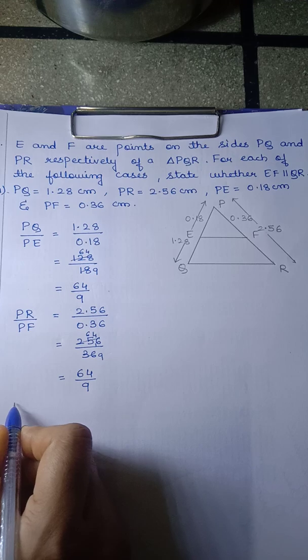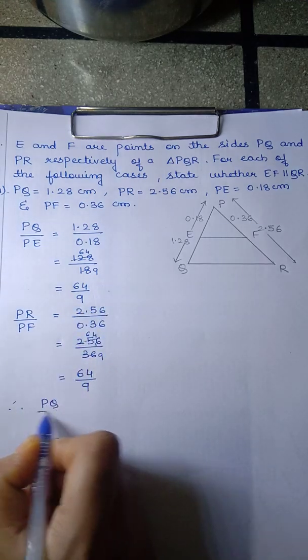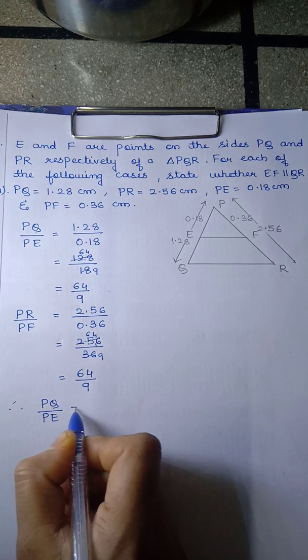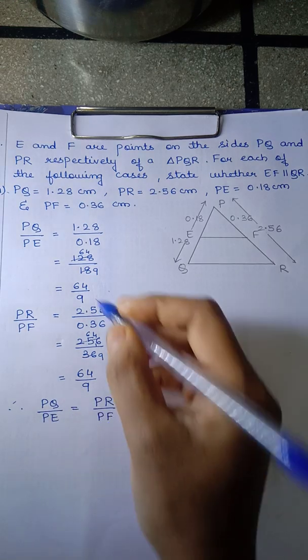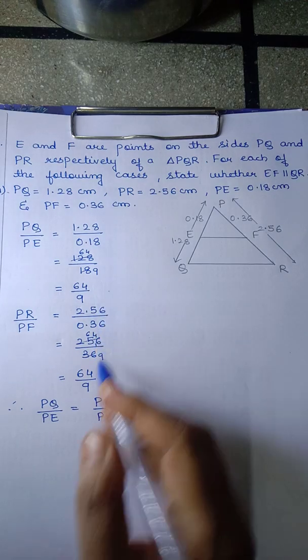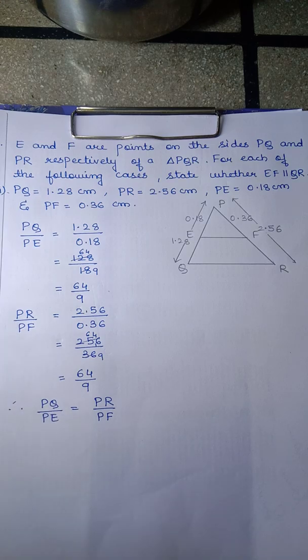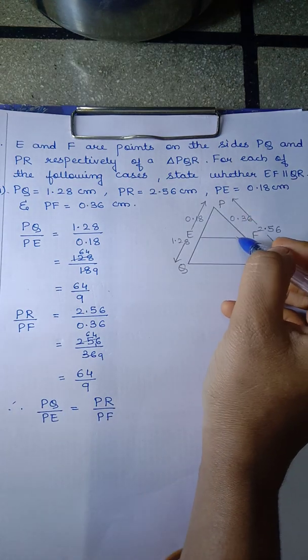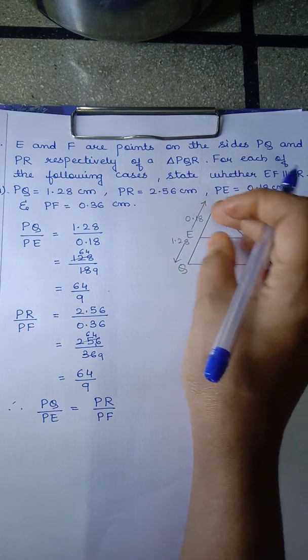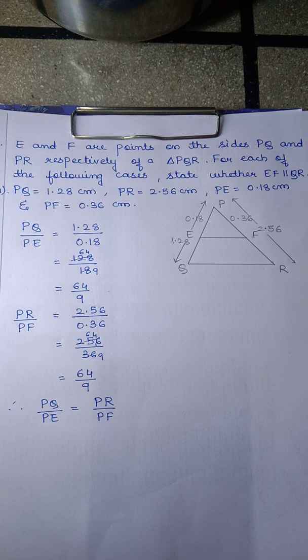So therefore from this what we get, PQ by PE is equals to PR by PF. 64 by 9, 64 by 9. So when the line divides the two sides in the same ratio, then the line will be parallel.